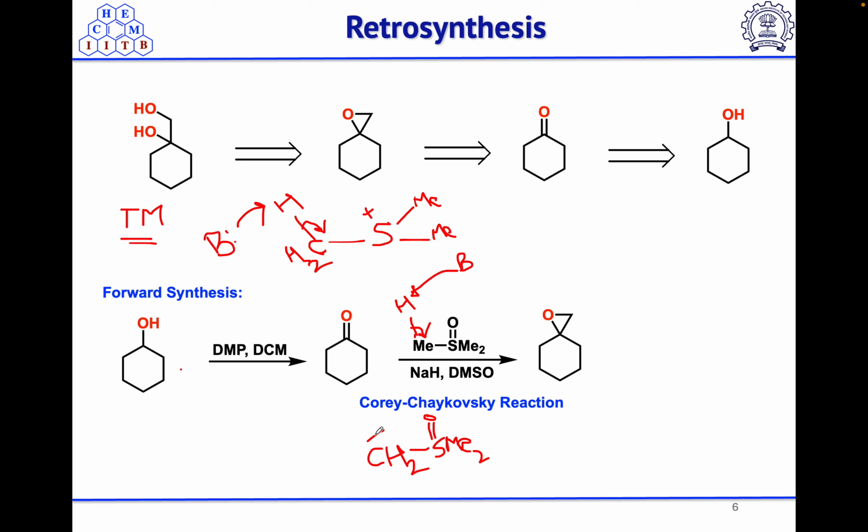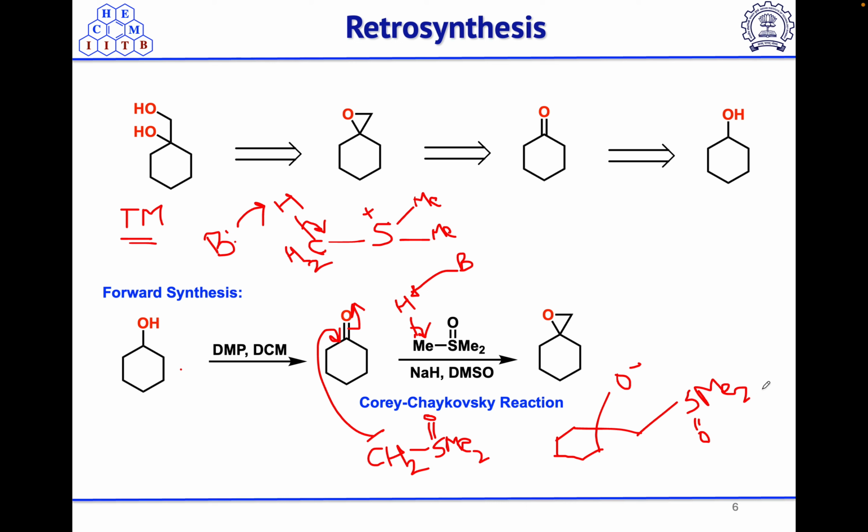So this CH2 minus will add to this carbonyl carbon and this C=O bond will open to give O minus. So basically you will get O minus, and this is CH2, and this is S double bond O and Me2, right?